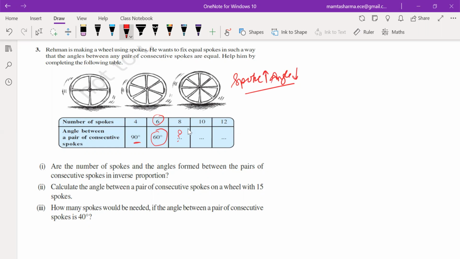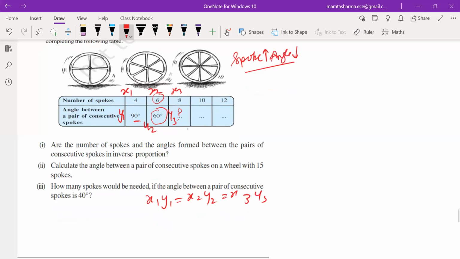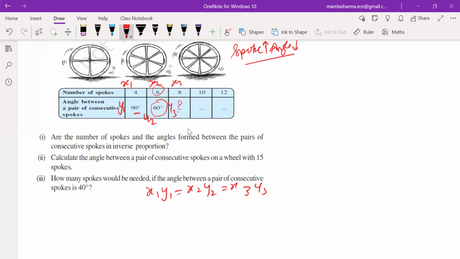Yeah. So what will you do? Let's say this is x1, y1, x2, y2, x3, y3. They are in inverse relation, so we use x1 y1 equal to x2 y2 equal to x3 y3. This multiplication will be constant.